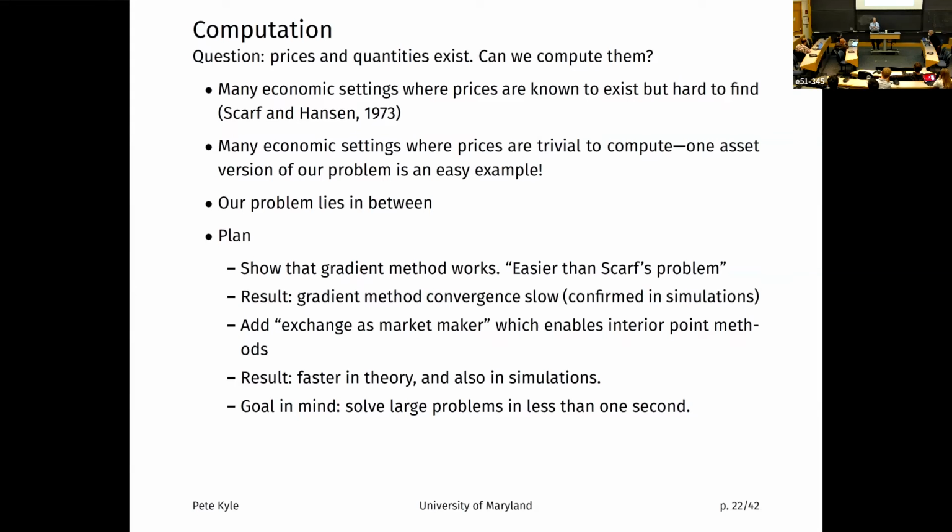The second direction that turns out to also be wrong is that an economist would be likely to use a Walrasian tâtonnement type algorithm. Let's take prices, and if there's excess demand, we will change the prices one way. If there's excess supply, we'll change prices the other way, trying to reduce the amount of excess demand and supply and get towards zero.